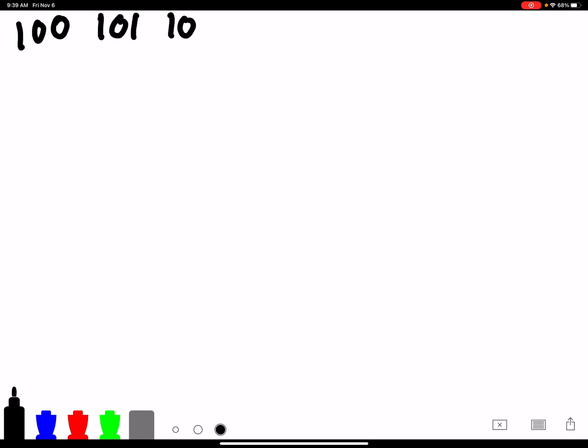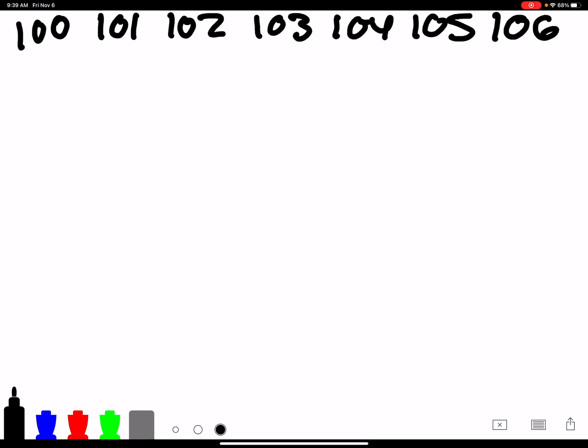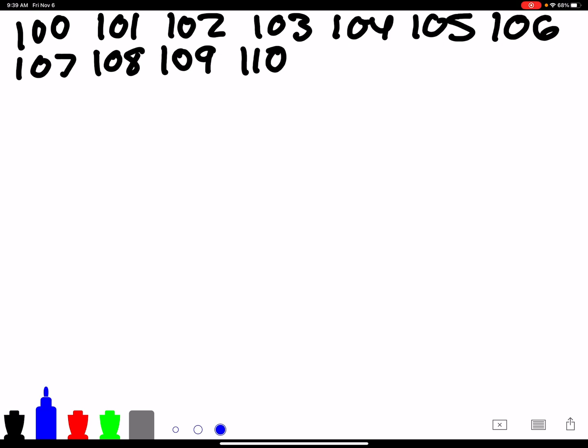101, 102, 103, 104, 105, 106, 107, 108, 109, 110, 111, 112, 113.